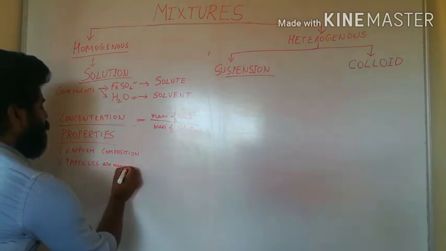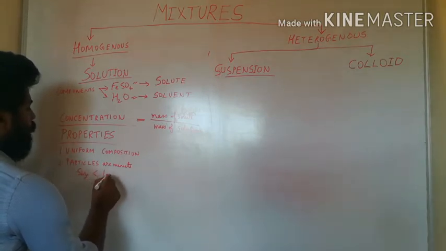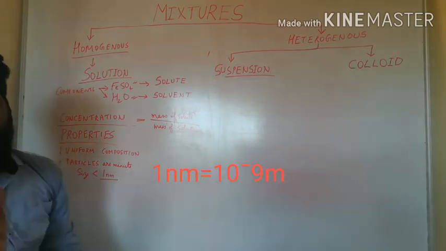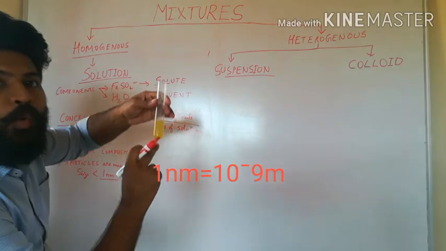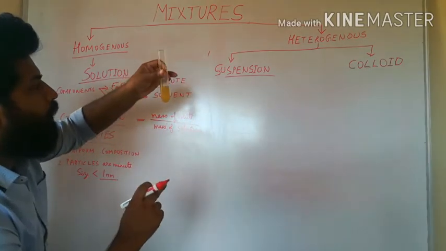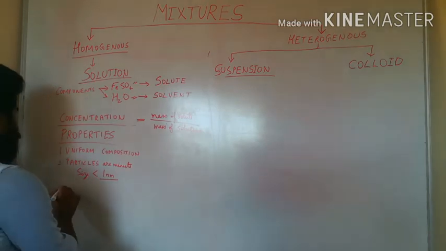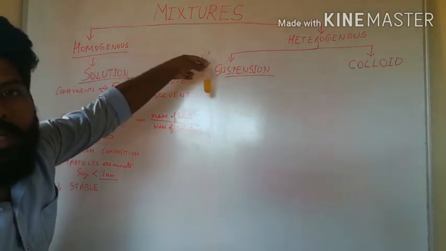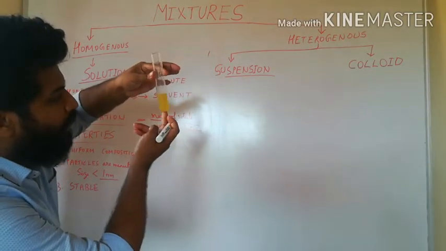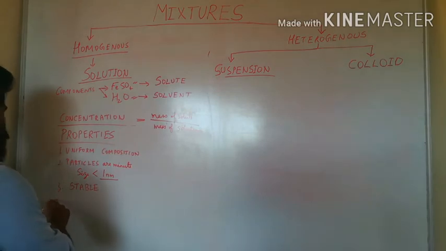Their size is less than 1 nanometer. Very small. Because the particle size is less than 1 nanometer, it is completely dissolved. It is a stable solution. If you leave it aside for a few hours also, you will not find anything at the bottom, because it is a stable solution.